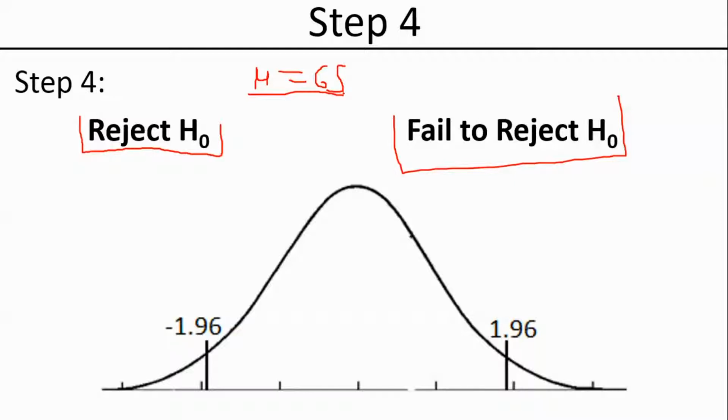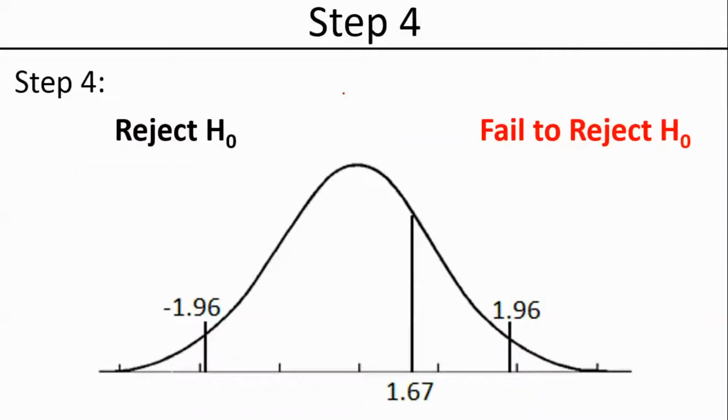What often helps is if we take our z observed and put it on a graph with our z crits. So let's do that. Right here, this is our 0 point. We place our 1.67 right here.